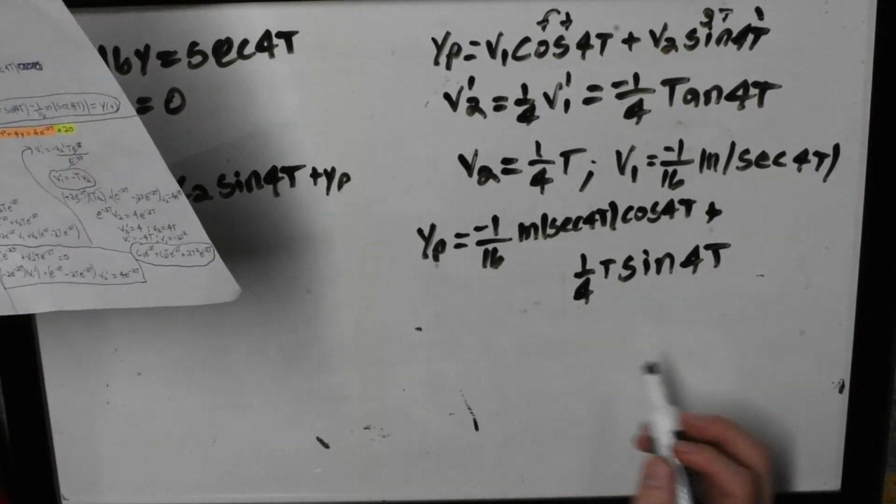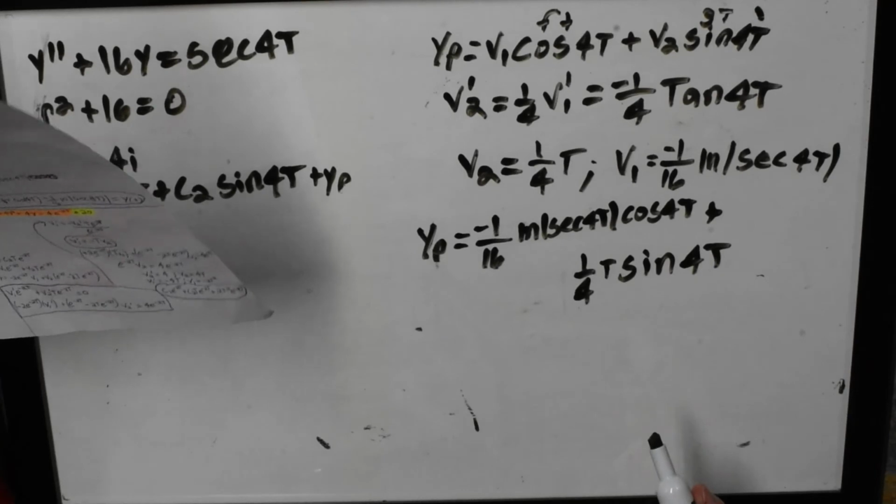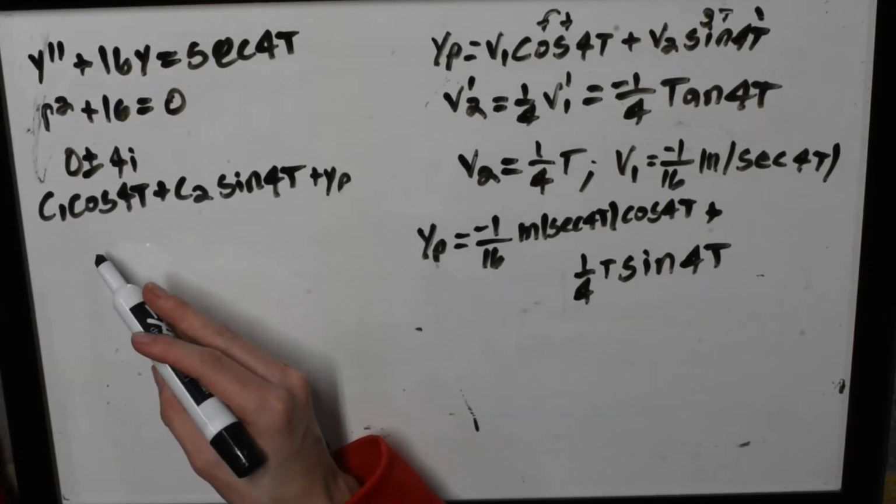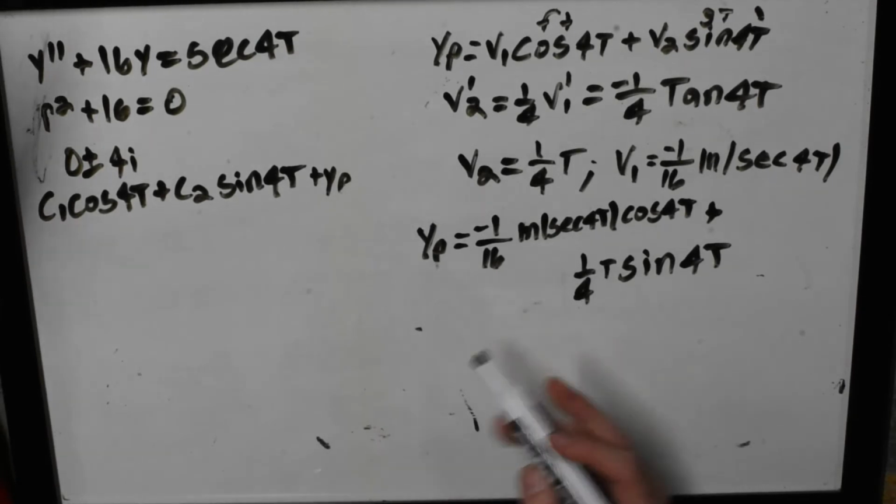So this is our particular solution, but we want the general solution. So the general solution is just our homogeneous solution plus our particular solution.